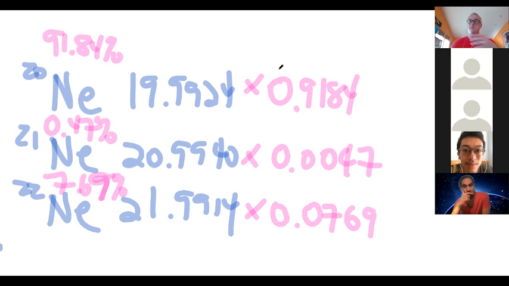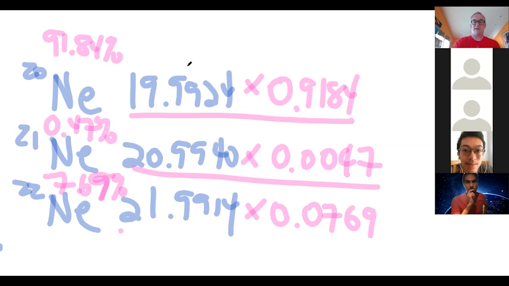So each one of these, we just multiply the mass of each atom by its distribution, by its fraction of the total. That's all we're doing. Then we just add them together, and then what's our answer when we do all that?